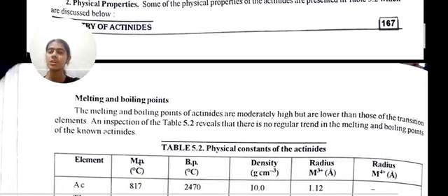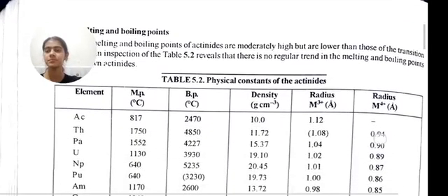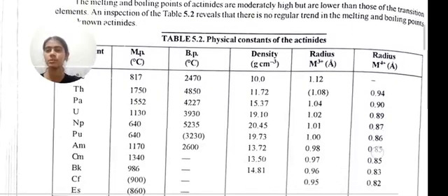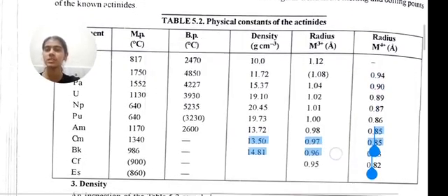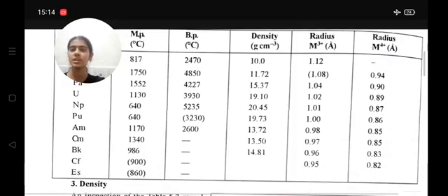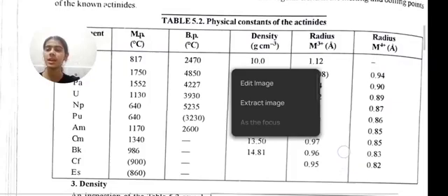An inspection of table 5.2 reveals that there is no regular trend in the melting and boiling points of the known actinides. Then have a look at table 5.2, which tells us about the density, boiling point, melting point, and radius of the metal ions of the actinide series.